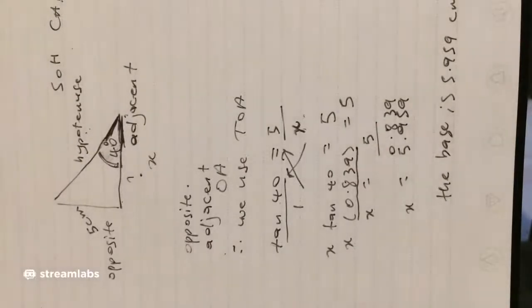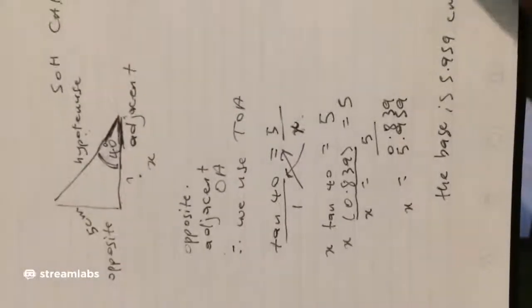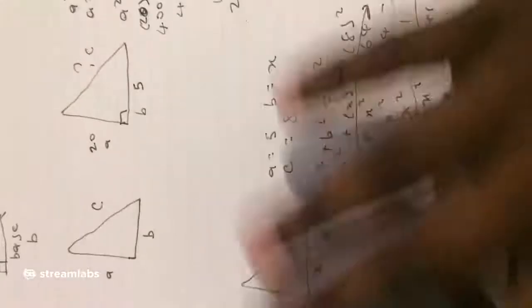Now I'm going to write down the process behind it. It's not really steps, it's more of a process. I'll give you the process, and then I think that will be our class, and I'm going to give you one in the group. The process is to identify the opposite, adjacent, and hypotenuse sides.